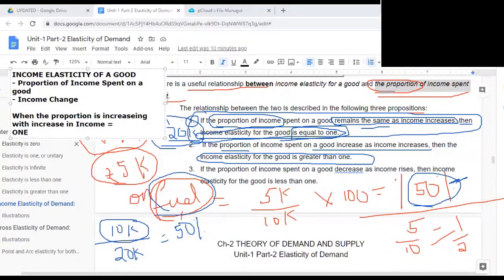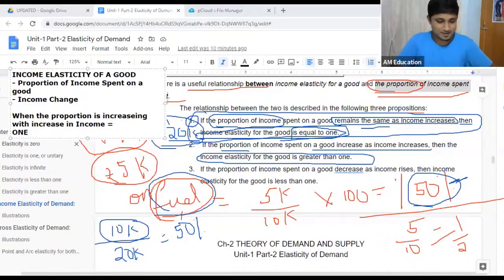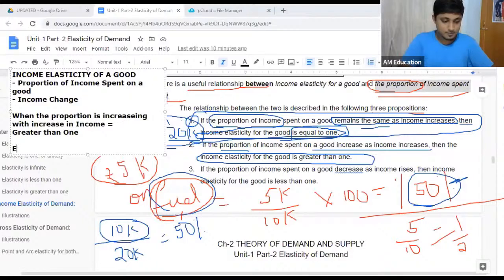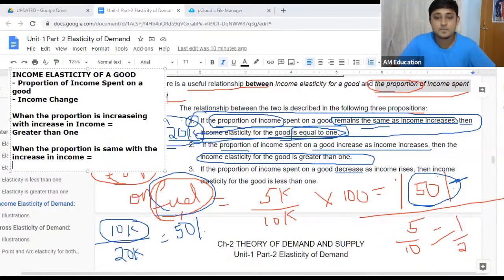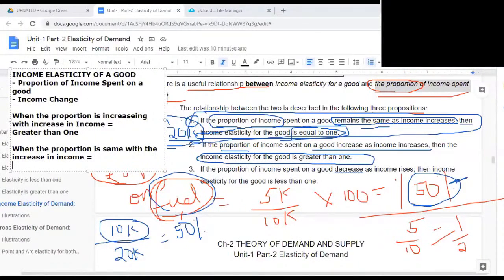Greater than 1. And what if the proportion is the same with the increase in income? What is that called? Equal to 1. Exactly, done.